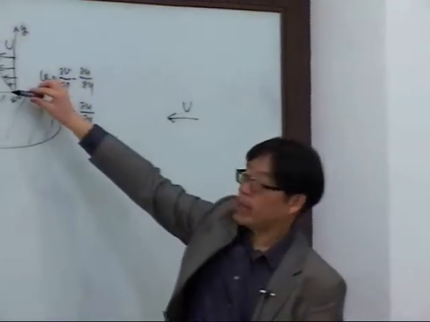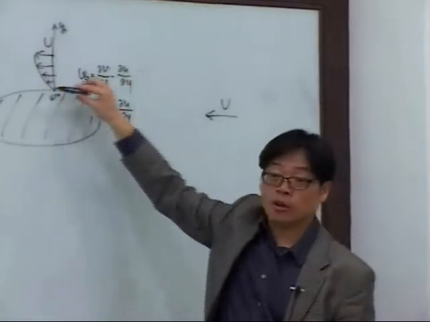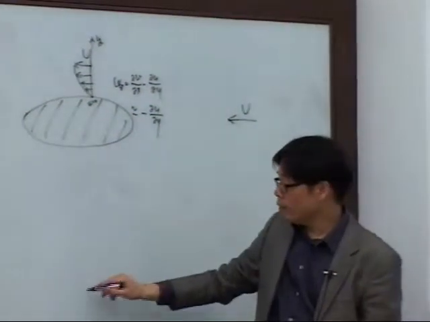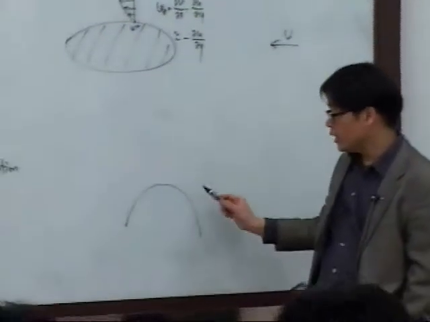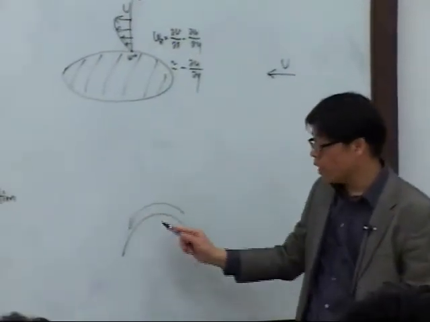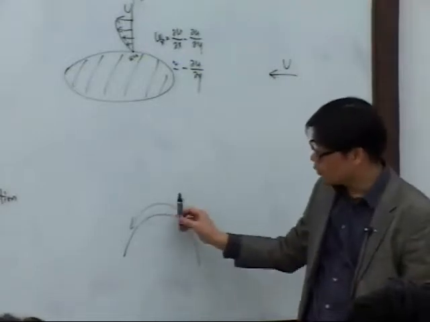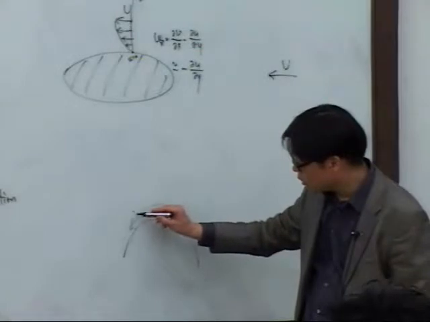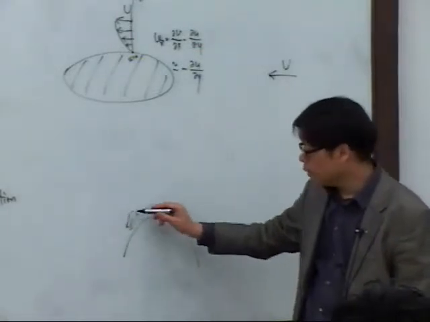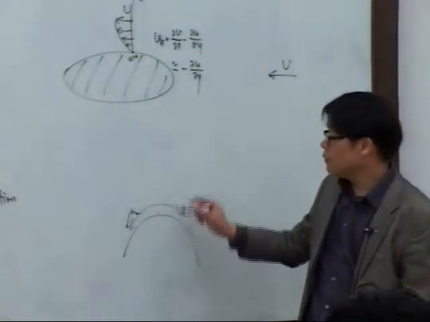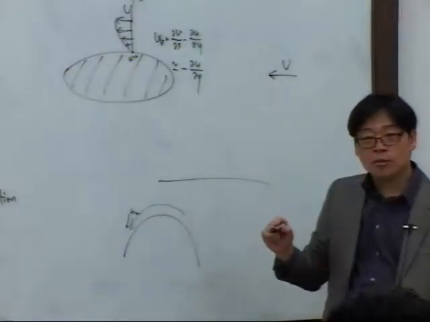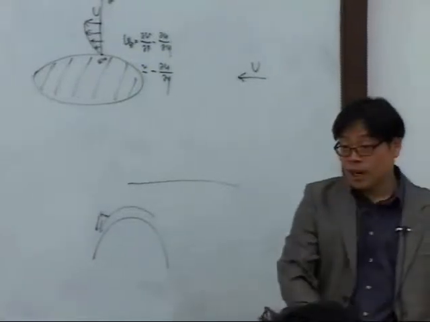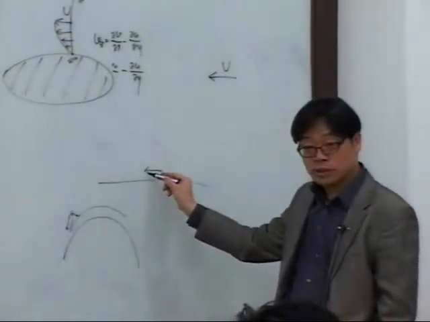So if you have a flat plate, then you expect almost a horizontal flow. If you have a boundary like this, then of course the flow has to go around. So you have both horizontal velocity and vertical velocity. But if you have almost a flat plate, or an object whose radius of curvature is very, very large, then it's almost horizontal, right?